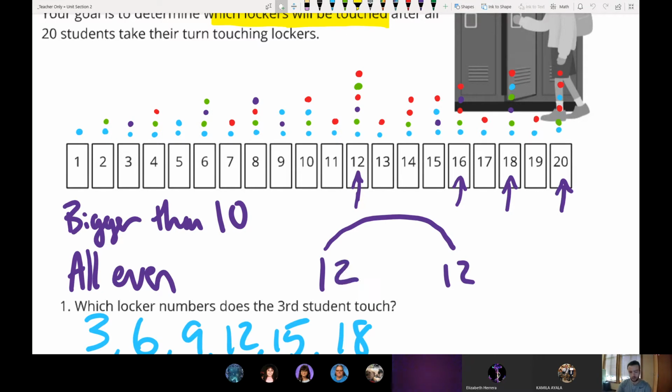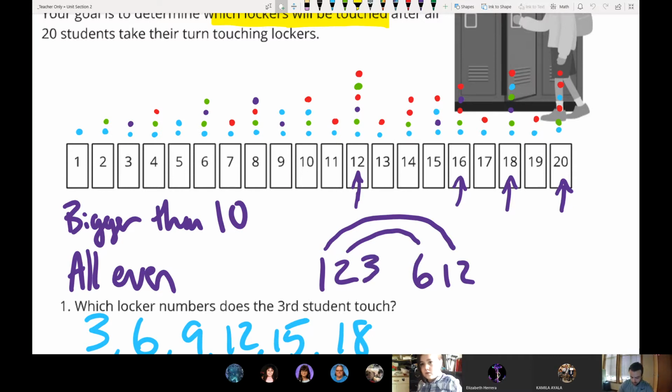We then go on to 2 and see if that works. Well, since 12 is an even number, and if we skip count by 2, it's always even, we know that 2 can go into 12. In this case, it actually goes in 6 times. Okay, so we have 2 and we have 6.